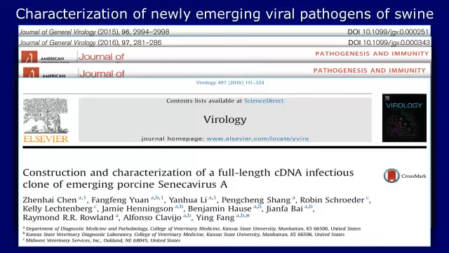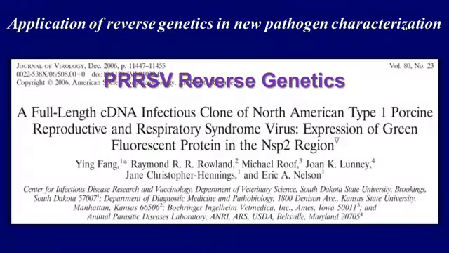Especially, we applied basic research tools for in-depth characterization of these emerging swine pathogens. Specifically, we applied reverse genetics to facilitate the analysis of the viral RNA and viral proteins.